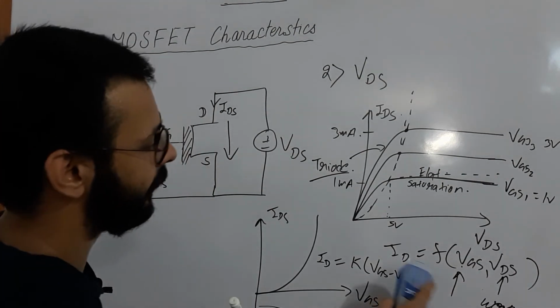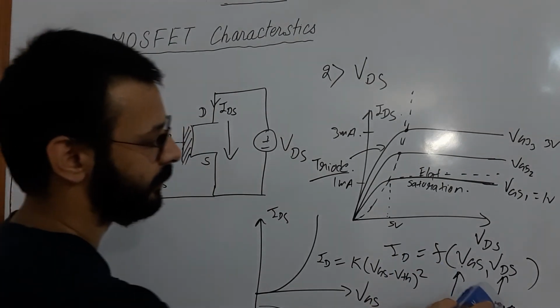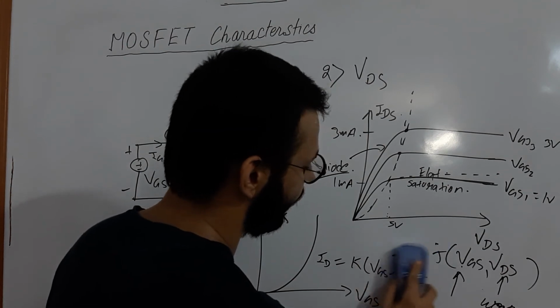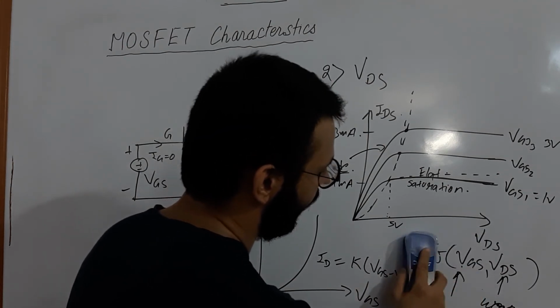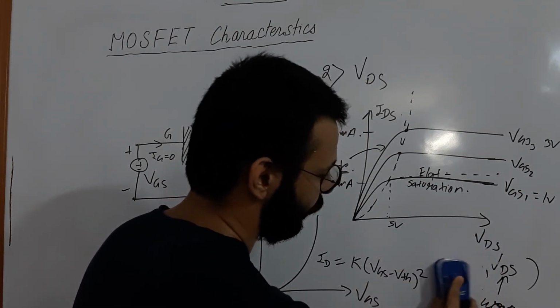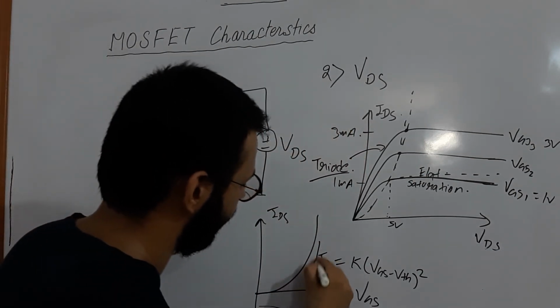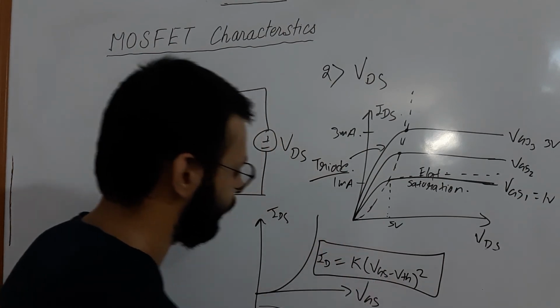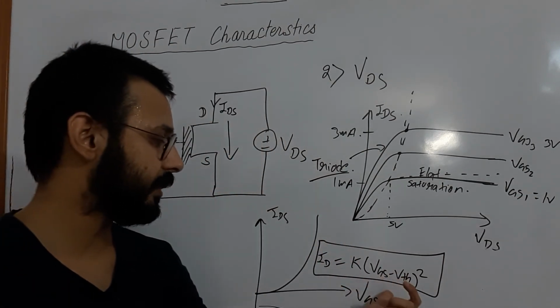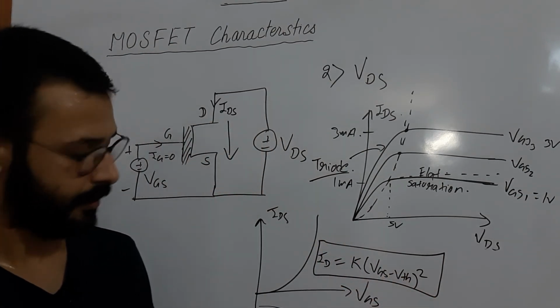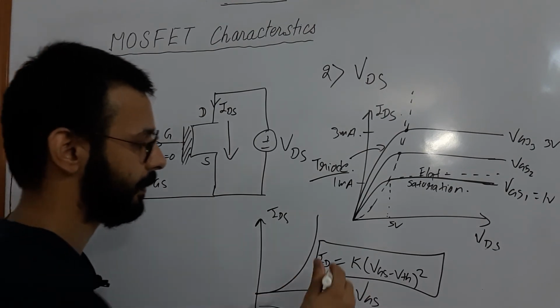I am just rubbing out the above equation, which is function 1. So ID is a function of VGS and VDS. VDS is the weak function. So I am just making one more block to identify. So K times (VGS minus VTH) whole square. Then what is K?